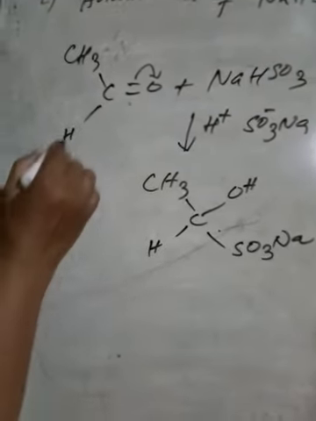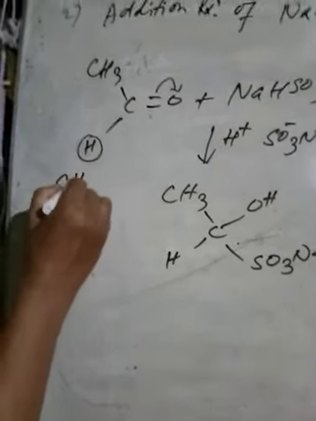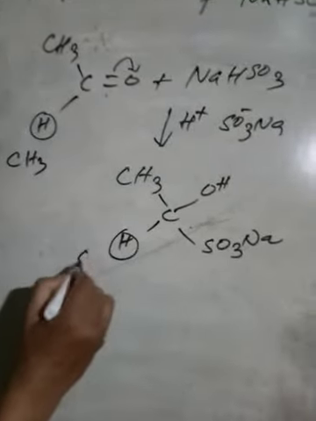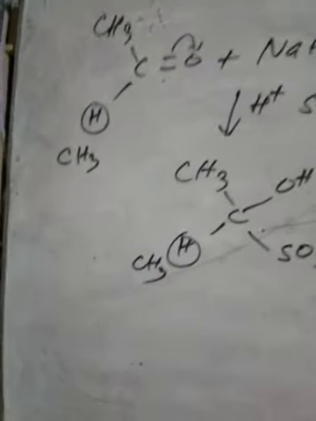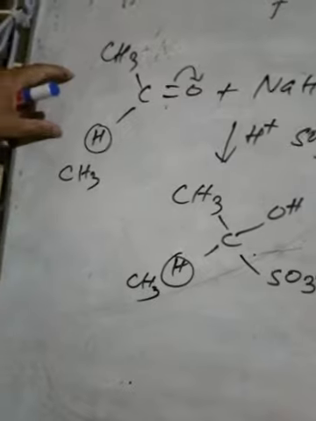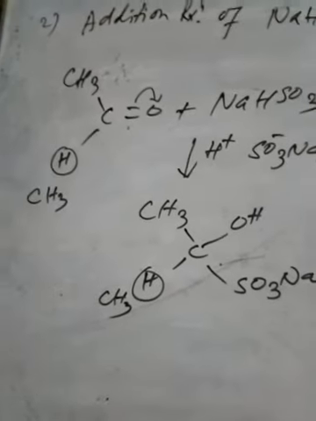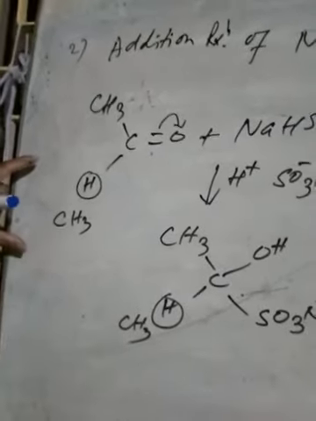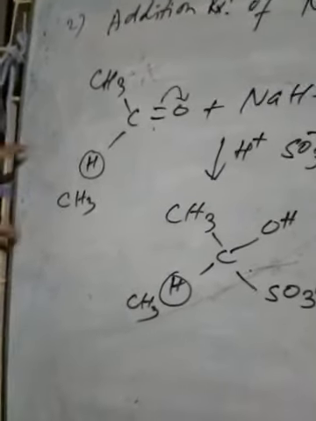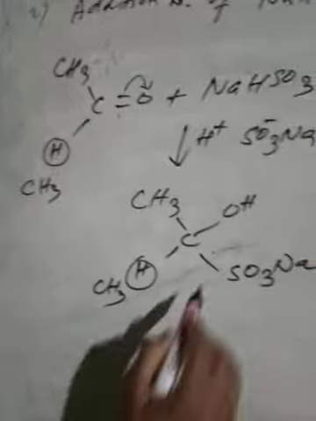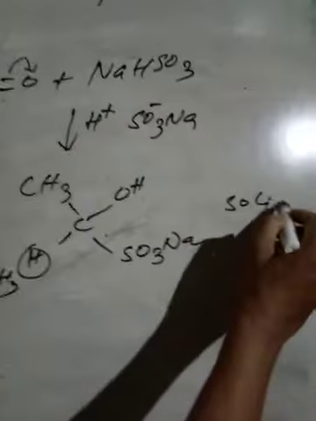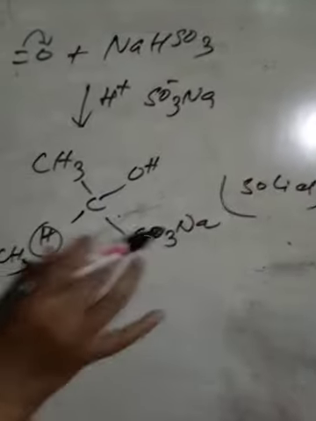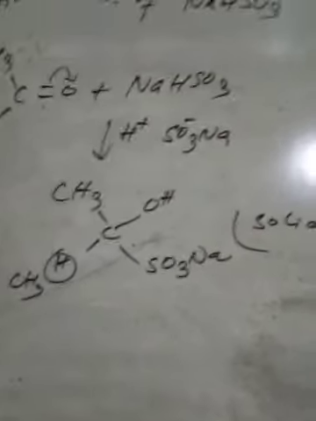If you take CH3 in place of H, you will get the ketone compound. In the same way, aliphatic aldehydes, aromatic aldehydes or ketones will react. The positive side of this reaction is that these bisulfite addition products are solid crystals.